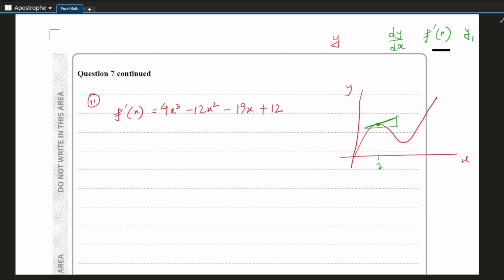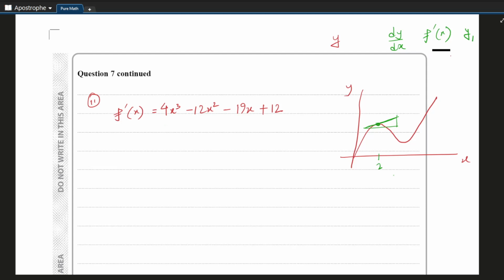So if we have to find the gradient from a graph, we draw a tangent at that point and then find the gradient of that tangent. If we have the equation, we differentiate to find the first derivative, then input the value of x, and we get the gradient.